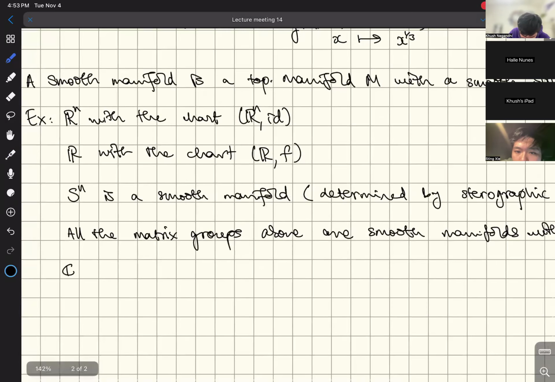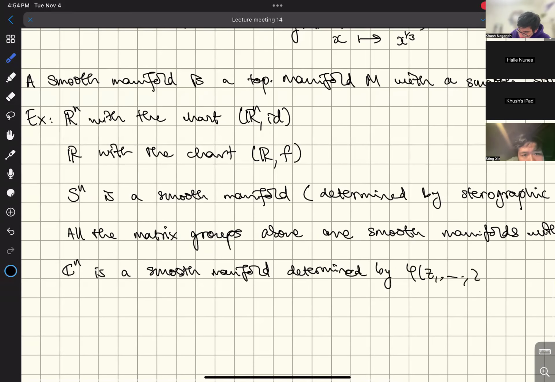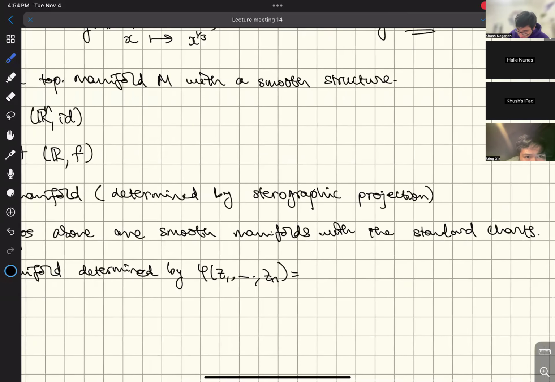One interesting example is that C^n is a smooth manifold, with the chart determined by phi of (z1, up to zn) equals (x1, y1, ..., xn, yn), where zj is xj plus i yj.